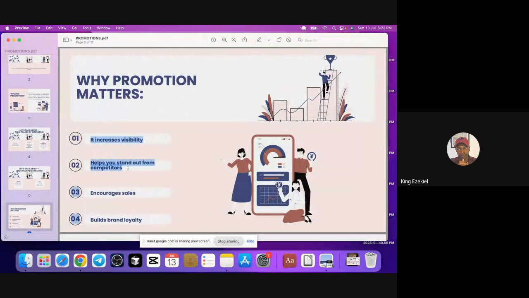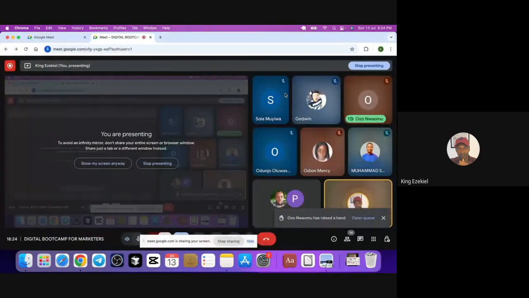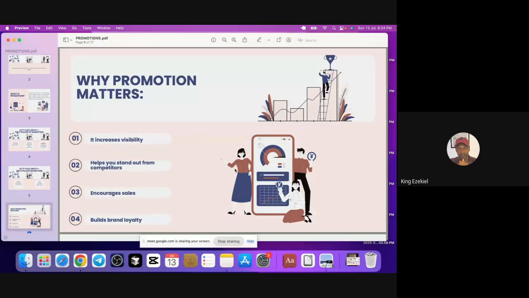Promotion is all about trying to get people to pay for what you're offering. It also helps you stand out from your competitors because you're outlining things to your customers that your competitors would probably not outline. It gives you an edge over your competitors, and it encourages sales.